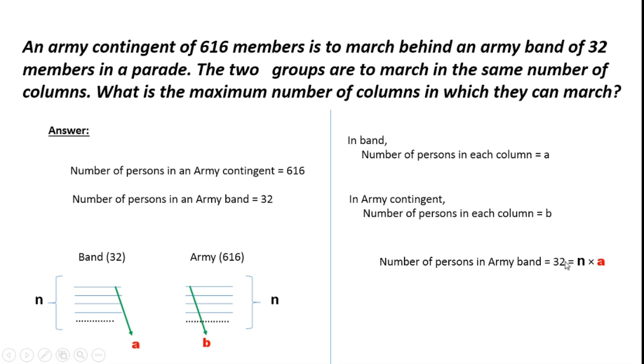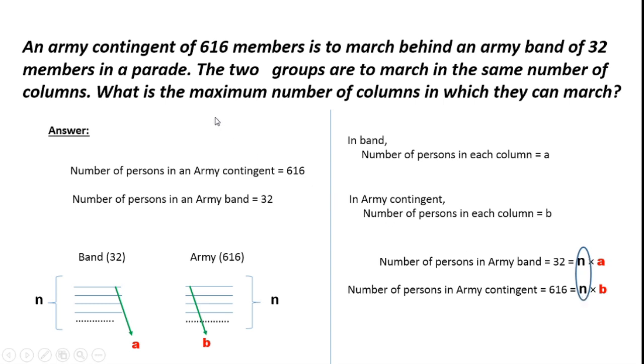This 32 we can write as n into A: n is the number of columns, into the number of persons in each column. Similarly, 616 equals n into B. See here, in both, n is the common factor.